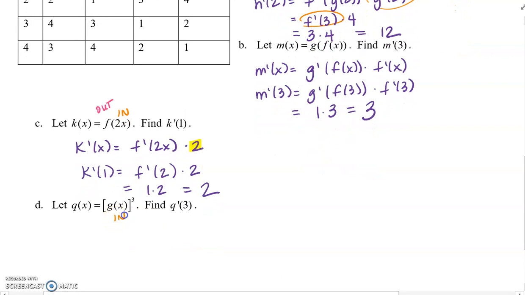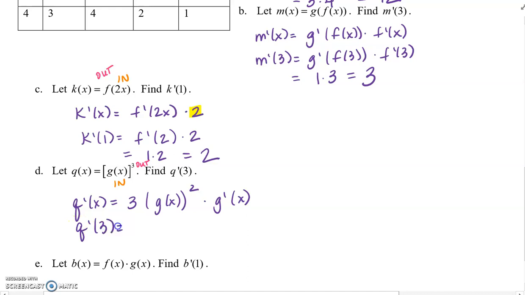The g function is the inside one, and the cube is the outside function. So q prime is equal to the derivative of the outside power times the derivative of the inside.